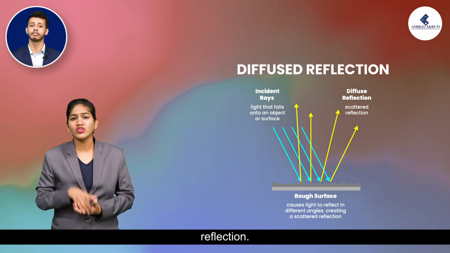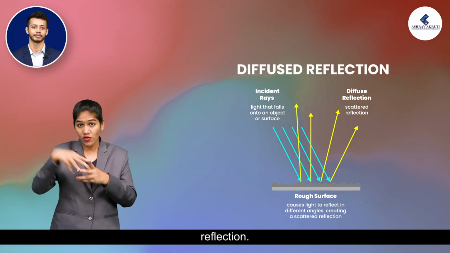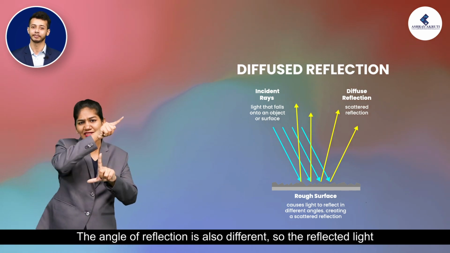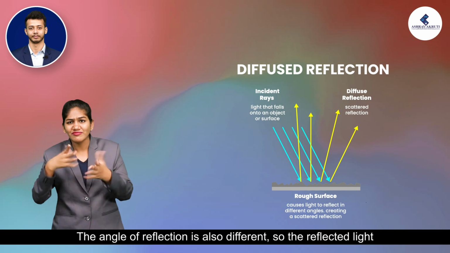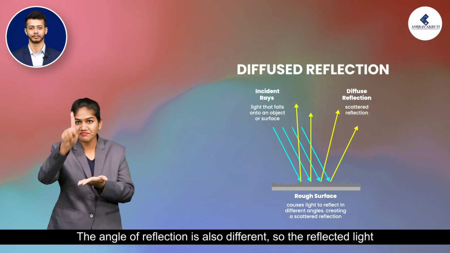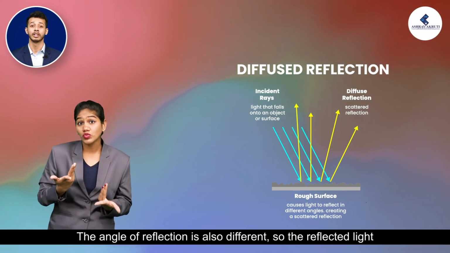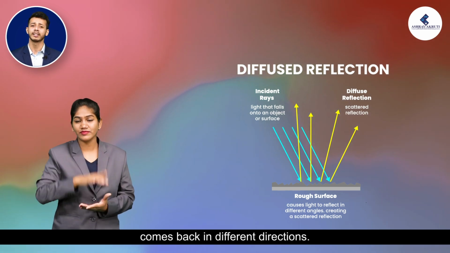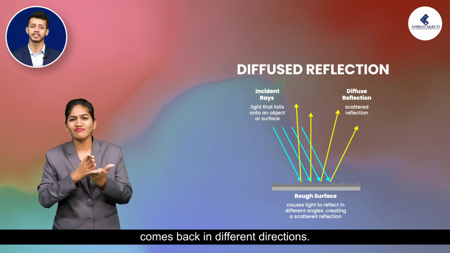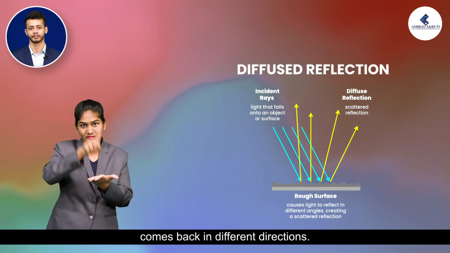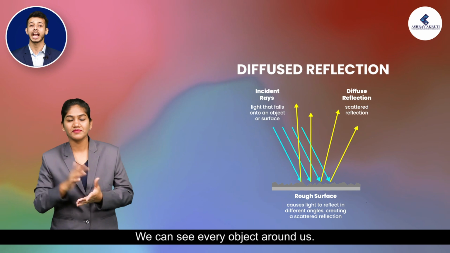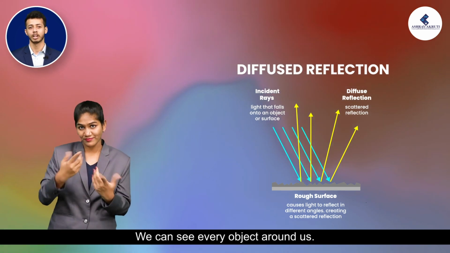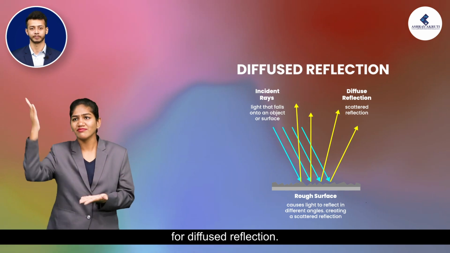To obey the law of reflection, the angle of reflection is also different. So, the reflected light comes back in different directions. We can see every object around us because of diffused reflection.